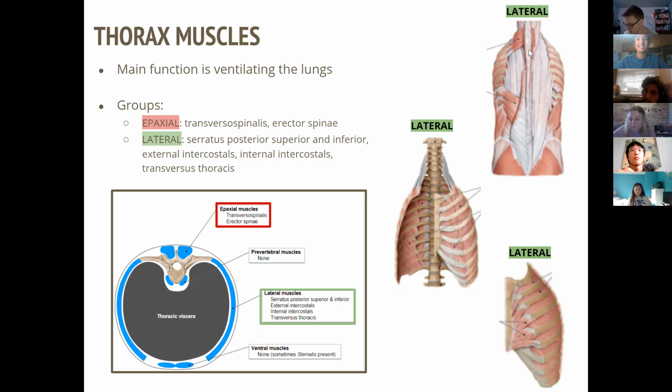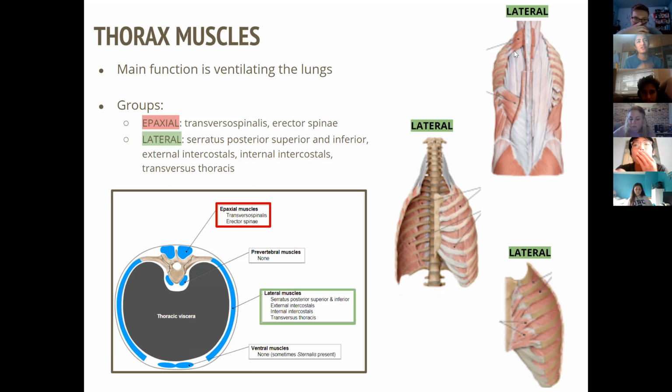It does, exactly. So the serratus posterior superior is going to be deep to the rhomboids. So just like Caitlin said, if we added another layer on top, then we might see the rhomboids. So the rhomboids are going to be more superficial. If you were to see a picture where two muscles were stacked on top of each other, hint, hint, and one was deep and one was superficial, then you would know which one is which.